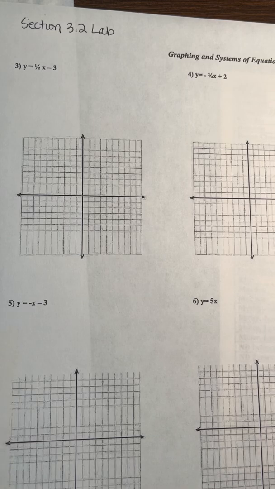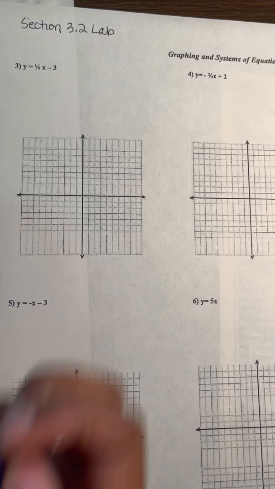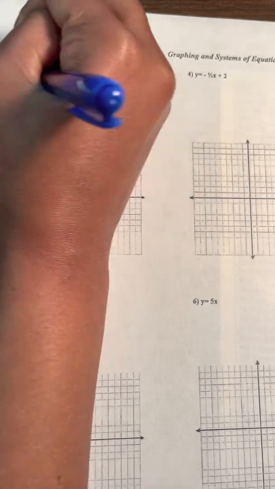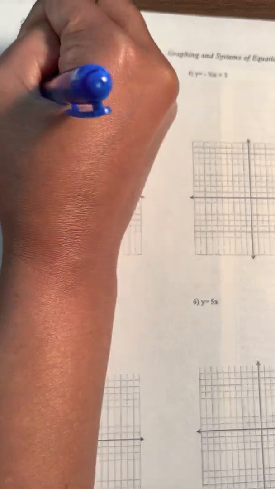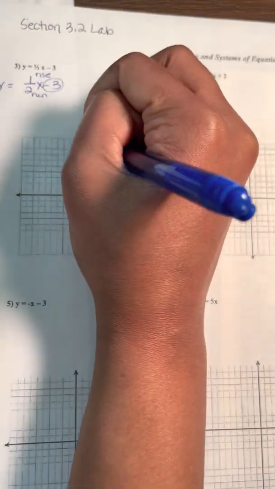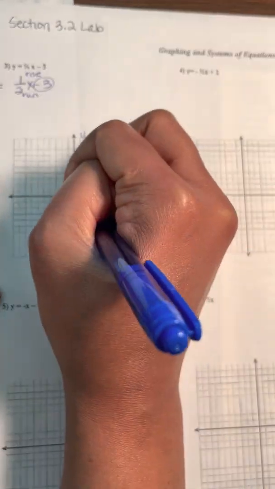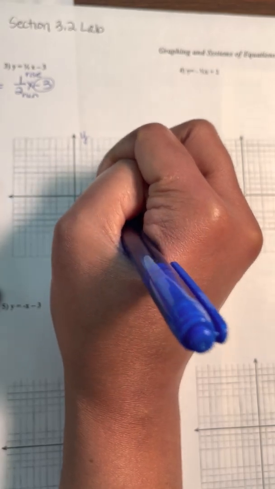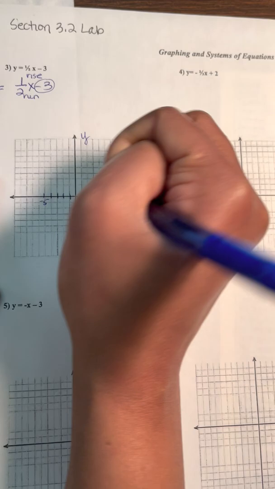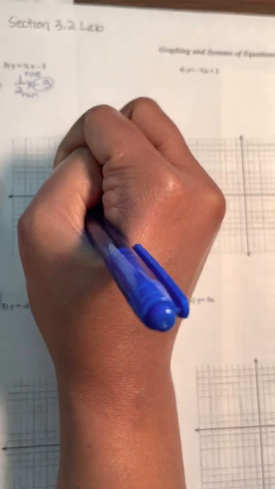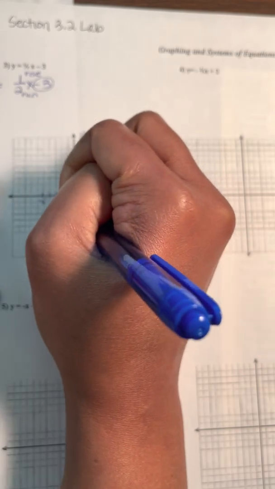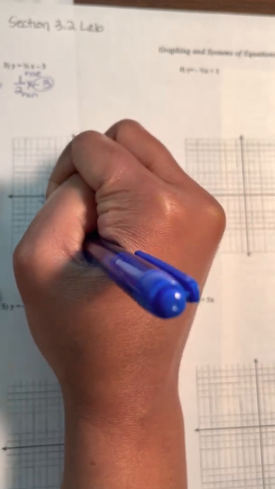Okay. y equals 1/2 x minus 3. So I have my rise over my run this time, and this is my starting point. So I have my axis here, and negative 5.